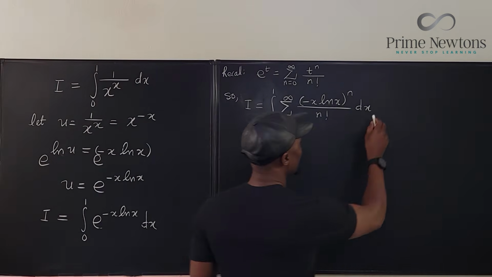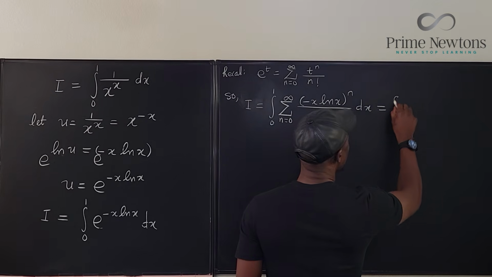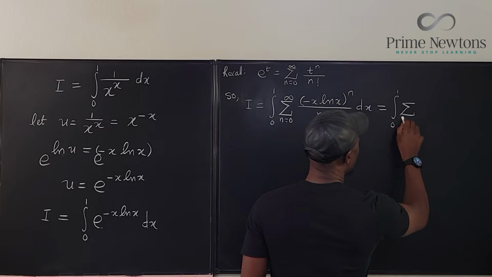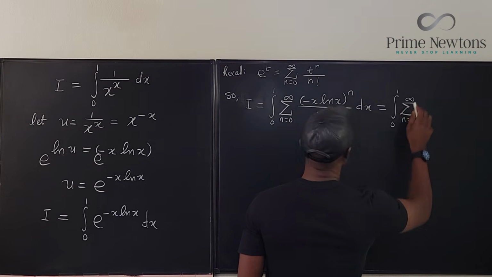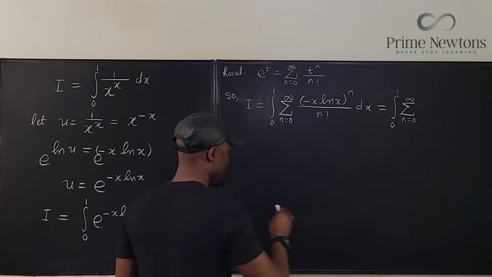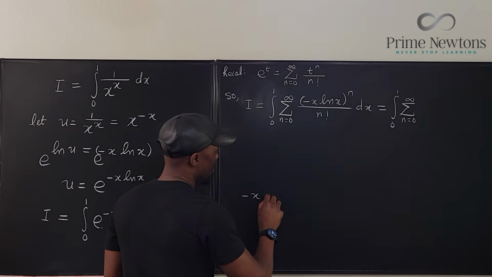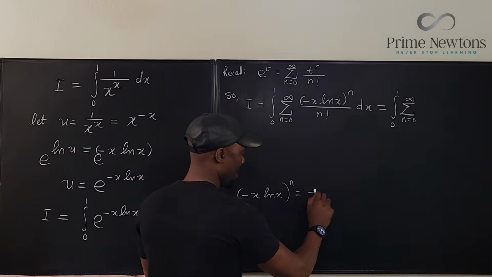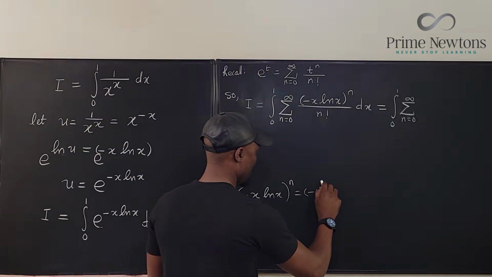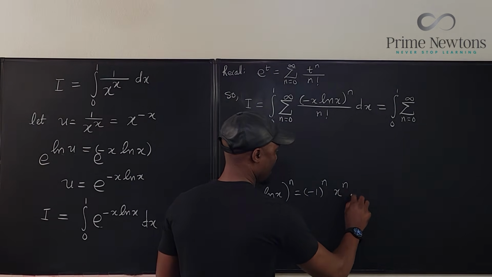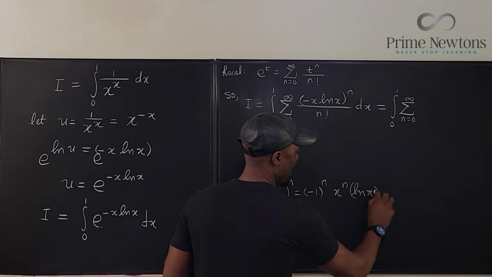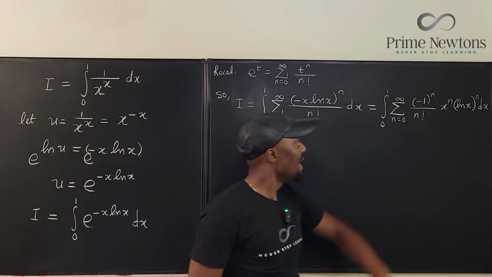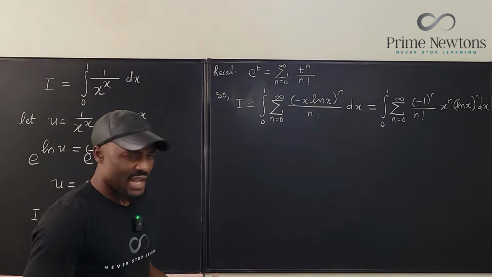I can say that this is the same thing as the integral from 0 to 1 of this sum from n equals 0 to infinity of, you see this negative x ln x raised to power n can be written as minus 1 raised to power n times x raised to power n times ln of x raised to power n. Each of them will be raised to power n. It's good now. Now, what can I do with this?